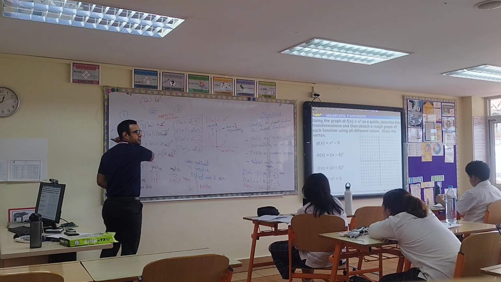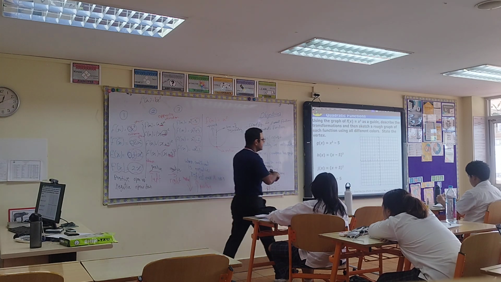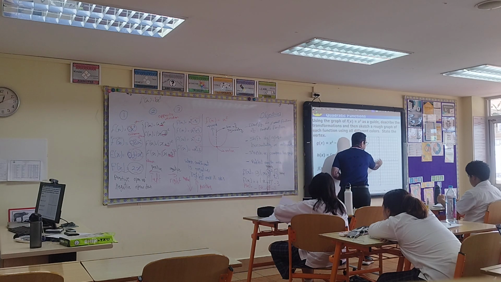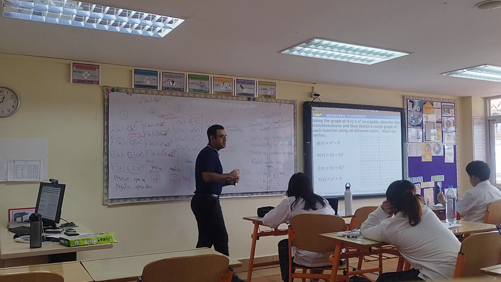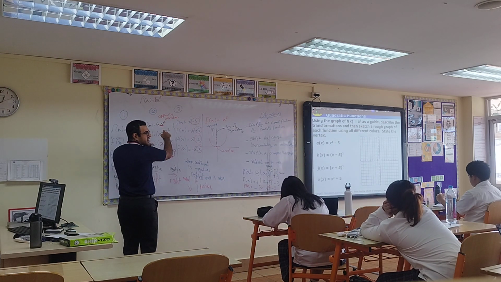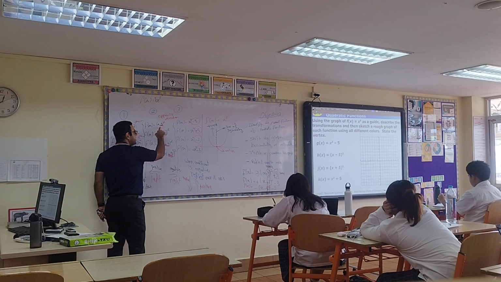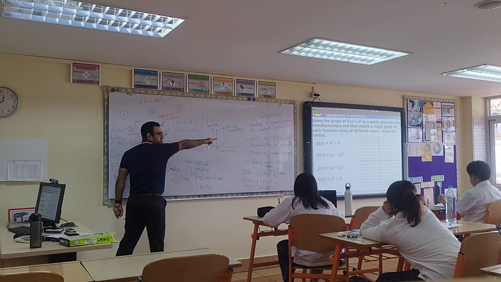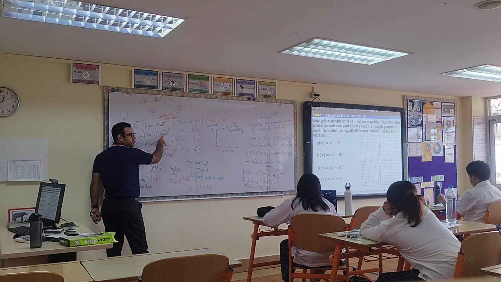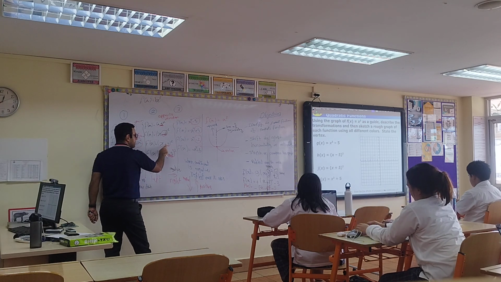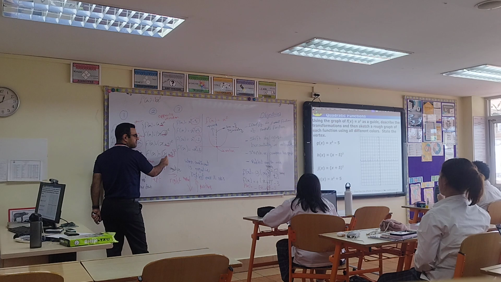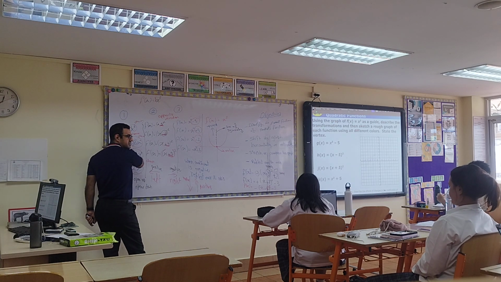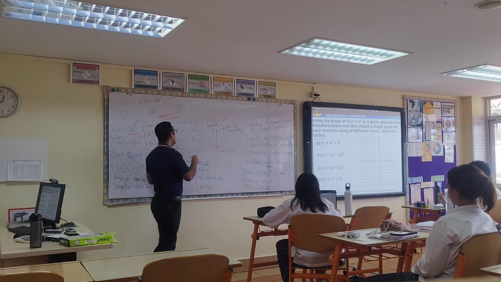Usually the -3 is on the left of this line, but here I'll make it the opposite direction, which is positive. So everything inside the bracket goes in the opposite direction. Here -3 moved right 3, -2 moved right 2, +4 moved left, +5 moved left. Okay?